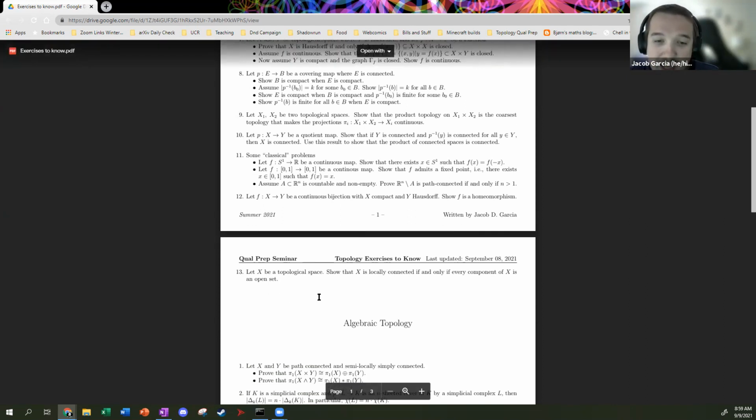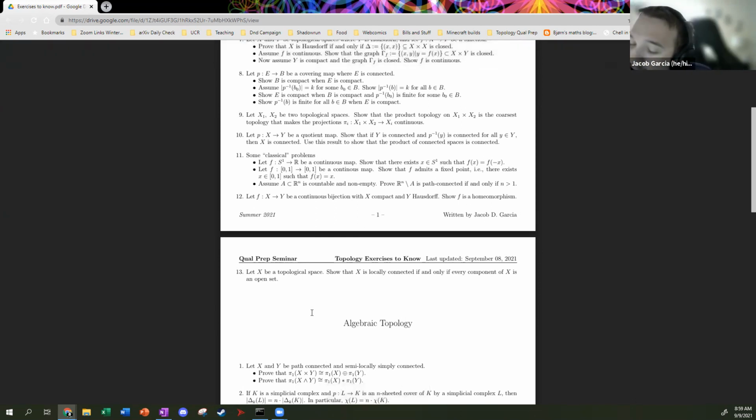And then 13 actually comes from something that Anthony brought up on Tuesday when he asked why, for this Lie group question, these components were open. Okay, so 13 states that a space is locally connected is exactly the same as saying that every component is open. Right?